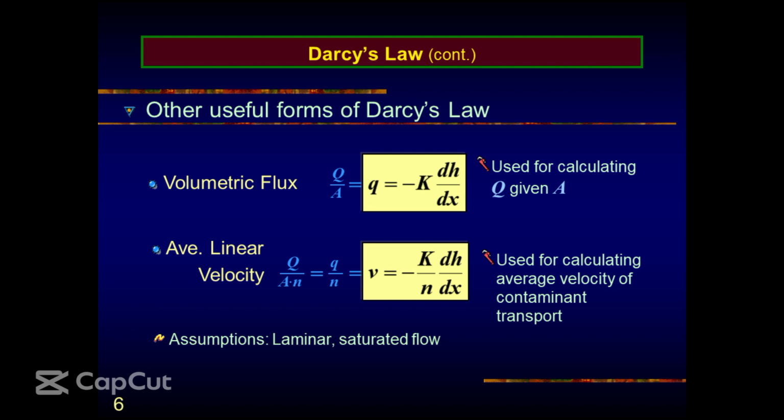So we have to substitute this with something like this, isn't it? Okay? So now, let's move on. I hope now you understand why discharge or flow rate is not a vector quantity, but flux is.